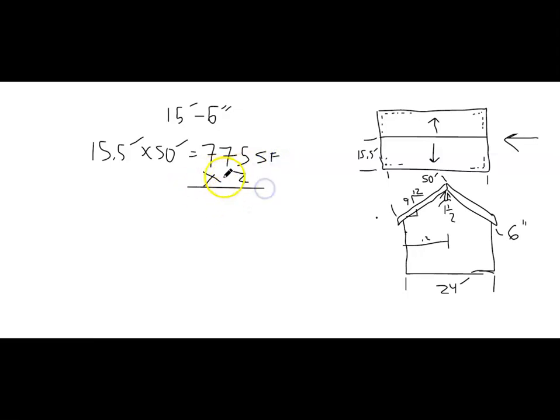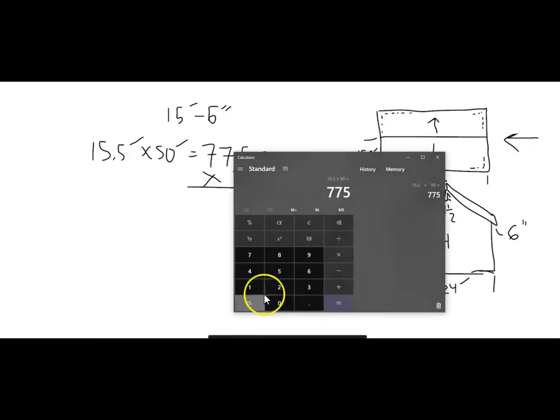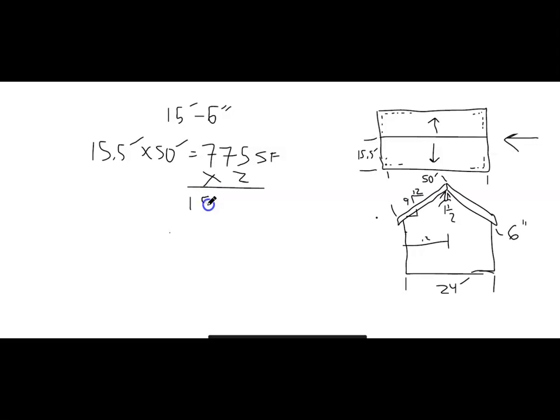Times 2 for a grand total of, I should be able to do that math, but let's just do it here, 1550. So that is the square footage of our roof.